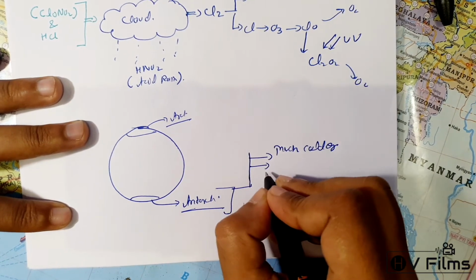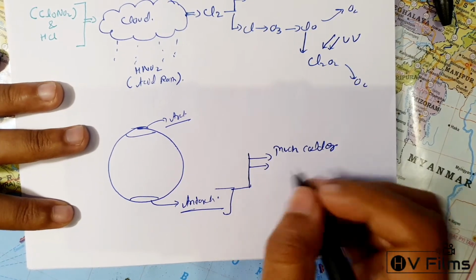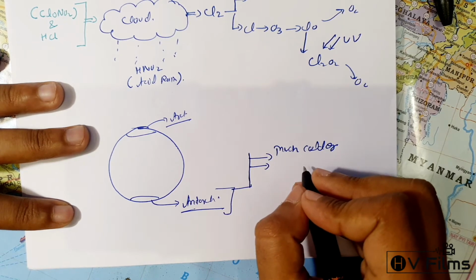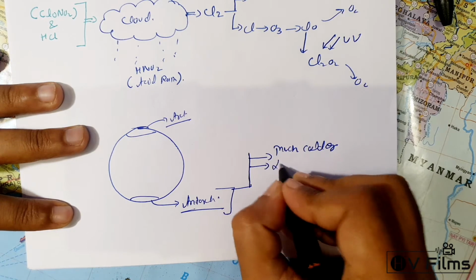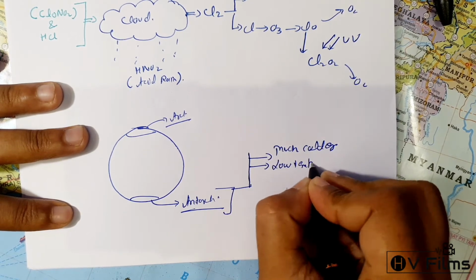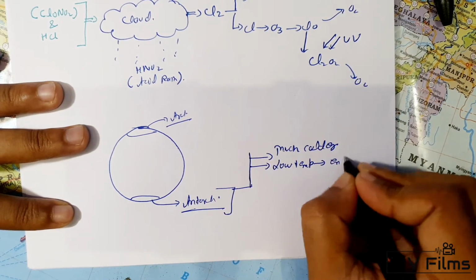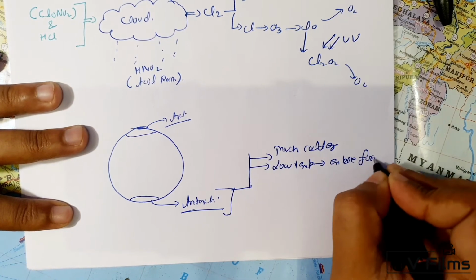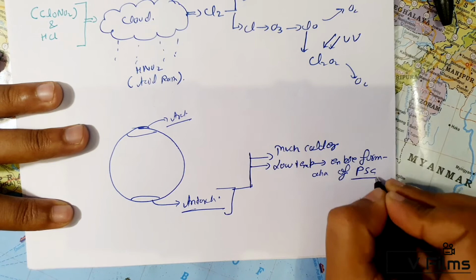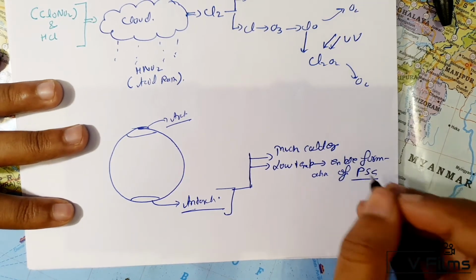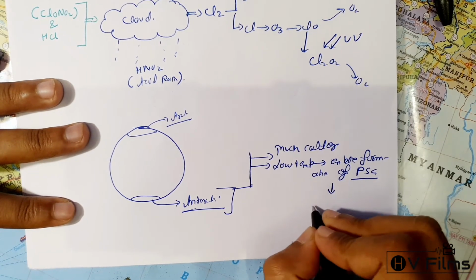The second reason is that the low temperature enables the formation of the PSC. PSC means polar stratospheric clouds. And more importantly, they are at a lower height.